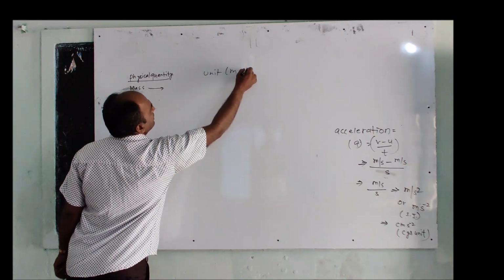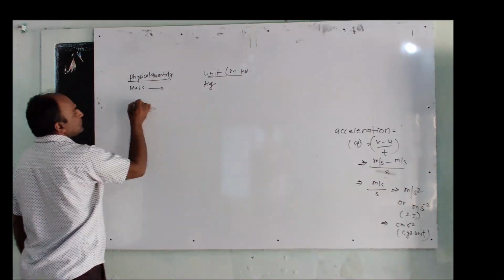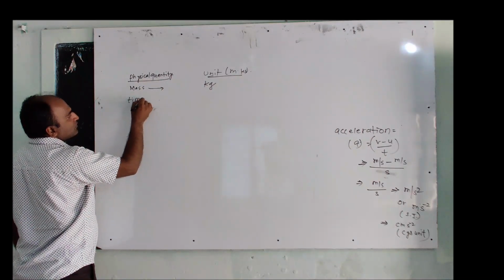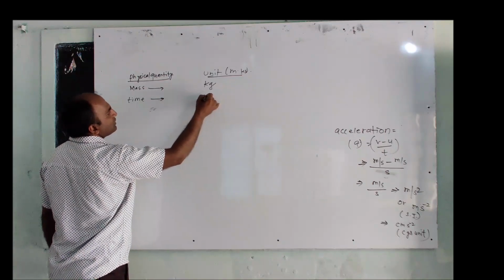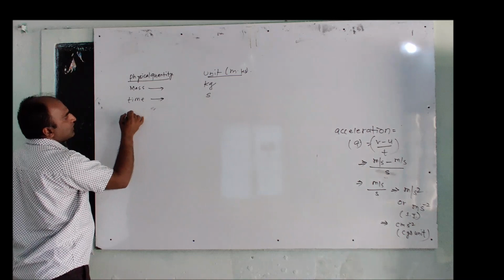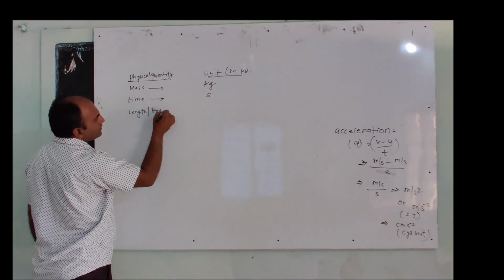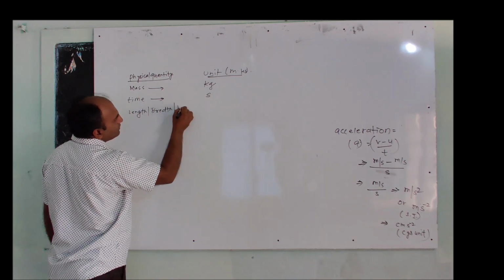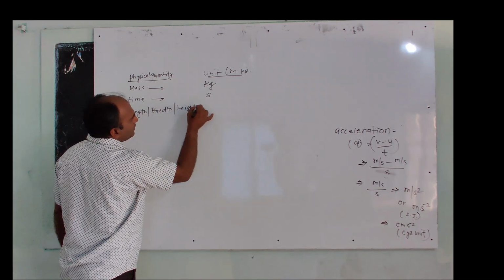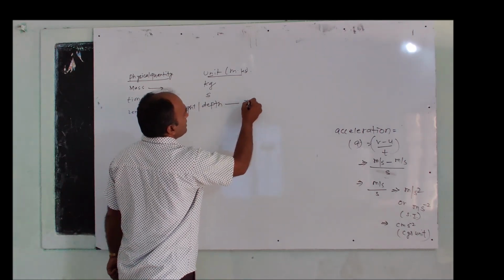It's MKS. Mass, then we write kilogram. Time, then time in second. Length, breadth, height, depth, these all are expressed in meter.